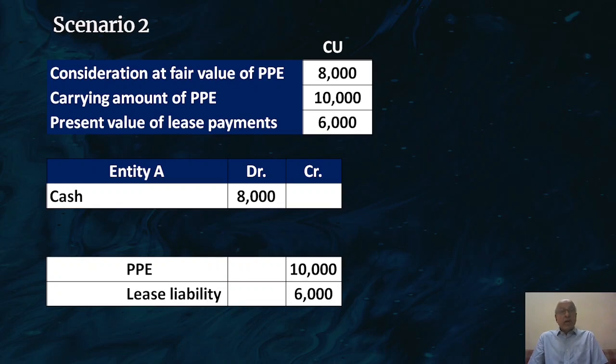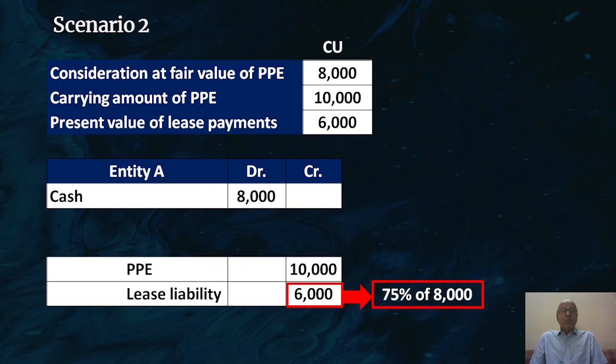So we need to work out what is the proportion of the carrying amount of PP, that is right of use asset retained. So first we calculate what is the percentage of lease liability of cash received. This is 75%. 75% of 8,000, that is the lease liability.